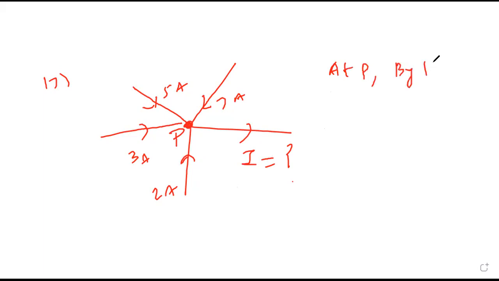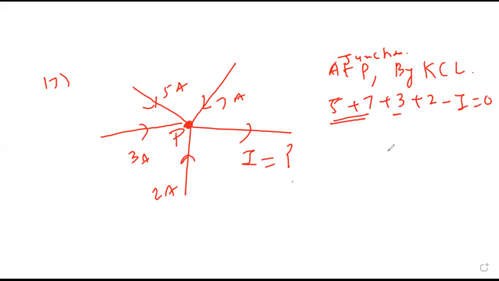By Kirchhoff's current law, at junction P, 5 is entering, 7 is entering, 3 is entering, 2 is entering, and I is leaving. So minus I is 0. 5 plus 7, 12, 12 and 3, 15, 15 and 2, 17.